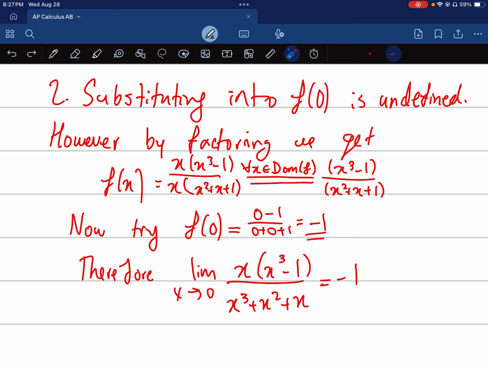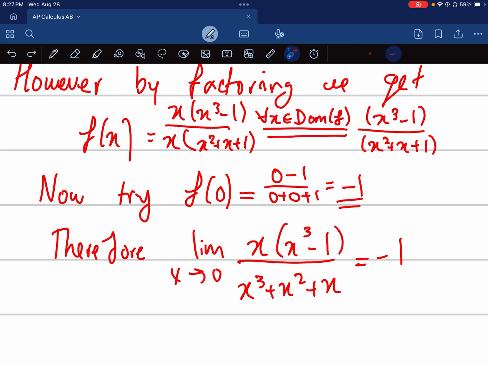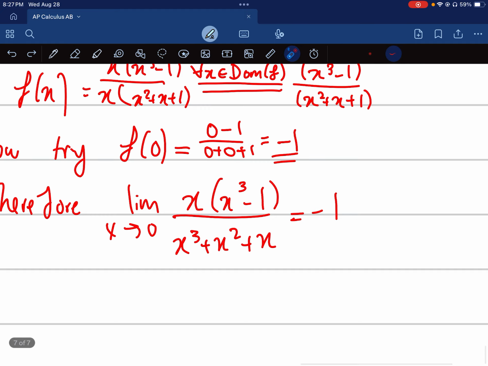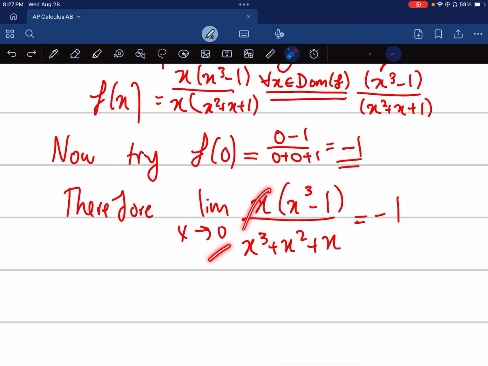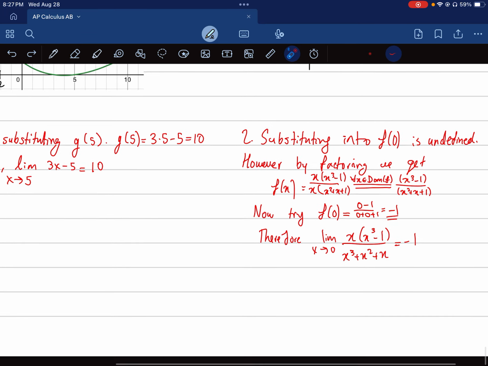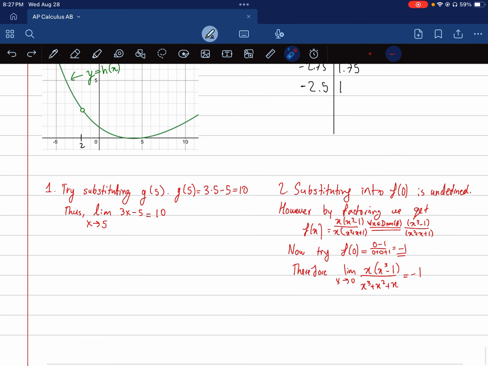Remember, x has to be part of the domain, but in limits, we don't actually take x equals 0. We take values very close to 0, infinitely close, but not 0, so we don't have to worry. And let's try substituting. This is a rule. So f of 0 is -1. So the limit as x approaches 0 of f of x is -1. Again, since we already simplified, we can always do this in limits since we're not taking exact values. We're only approaching, but getting infinitely close.